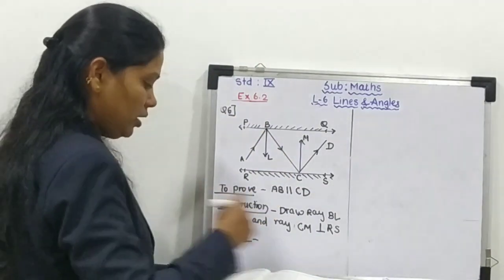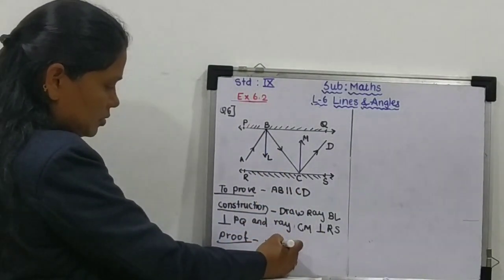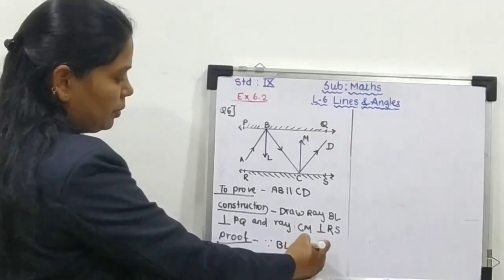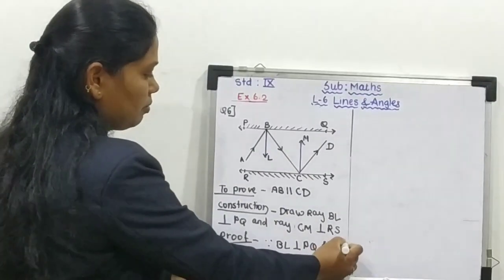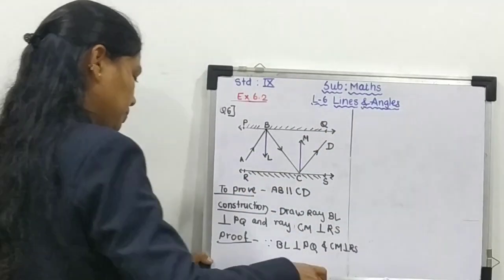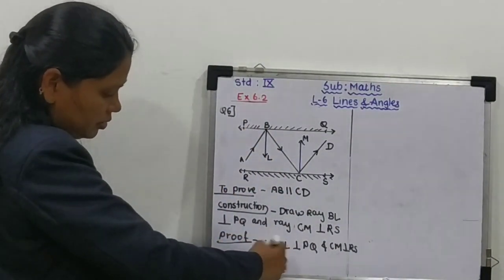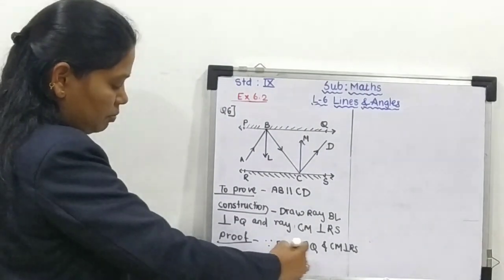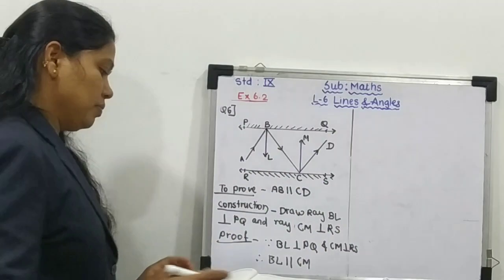So we will write here: since BL is perpendicular to PQ and CM is perpendicular to RS, therefore BL is parallel to CM.